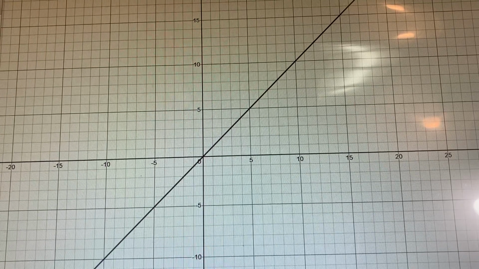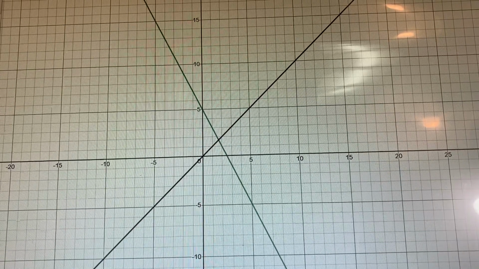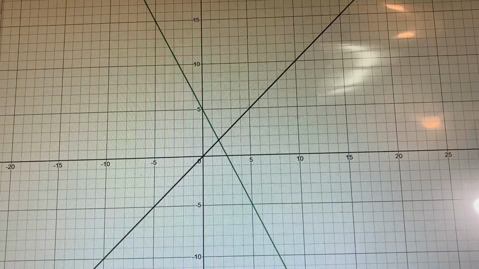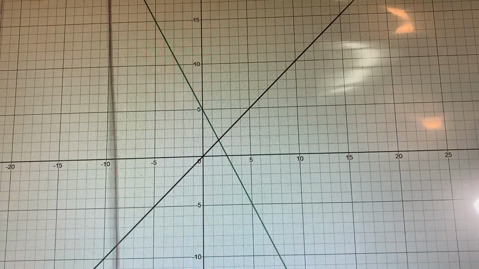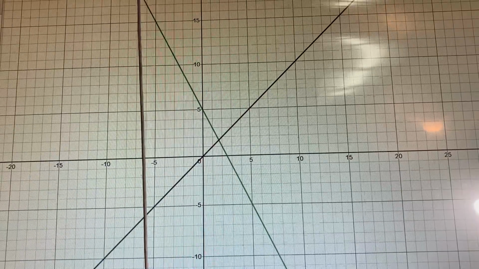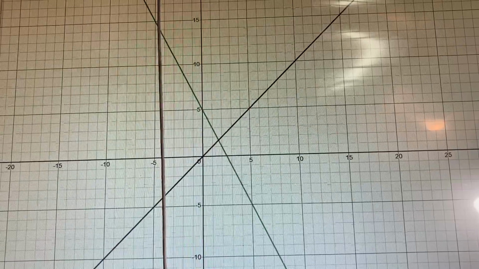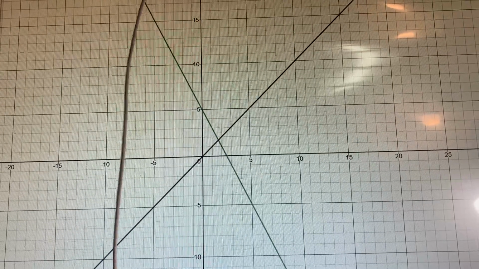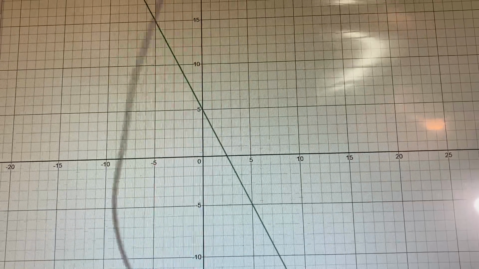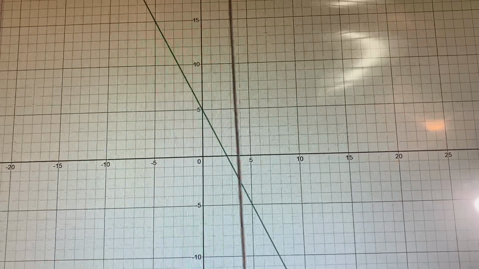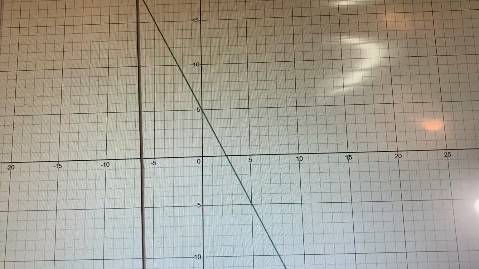Oh, hold on. One thing I have to tell you: when you have a graph, to know if it is actually a function, you do the vertical line test. So here's a vertical line, straight up and down. If this vertical line only touches the function at one point, wherever I go, it's only touching at one point, then that is a function.